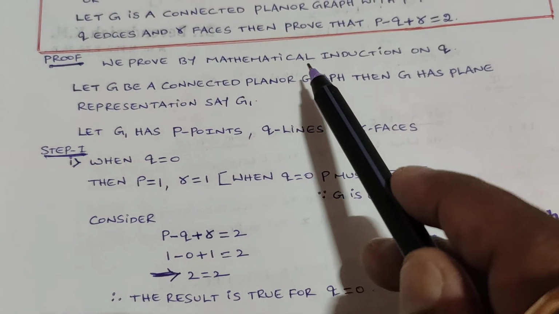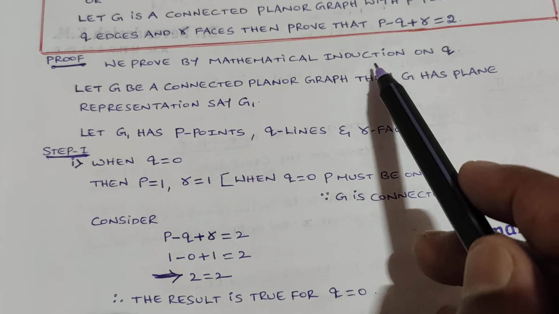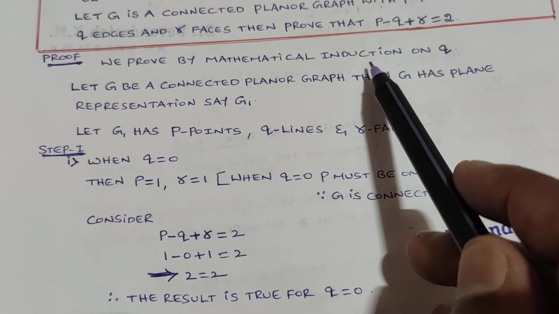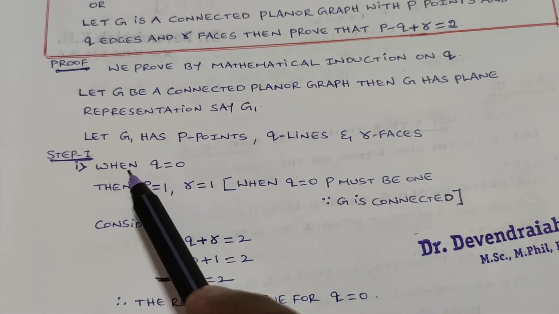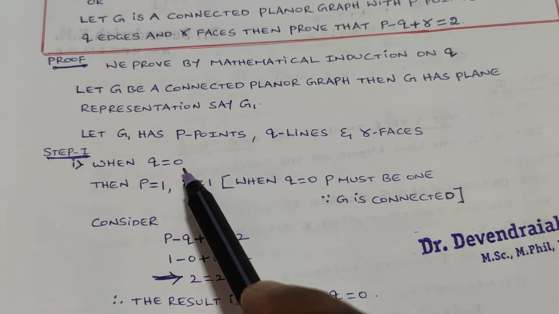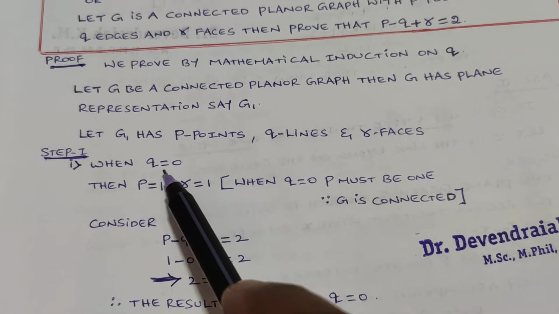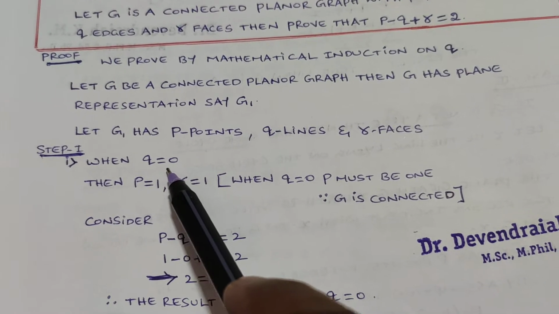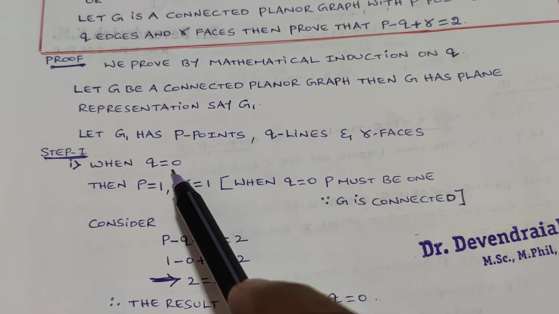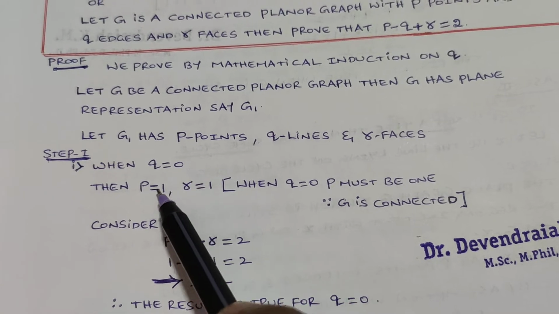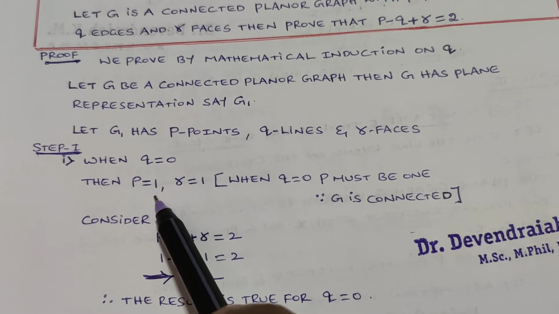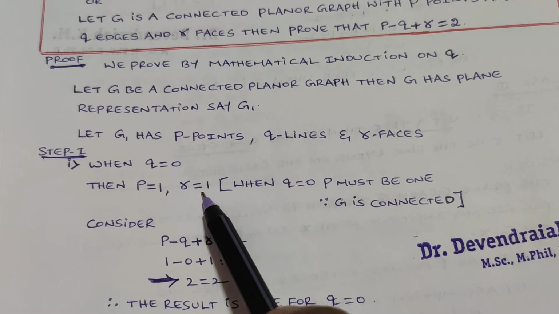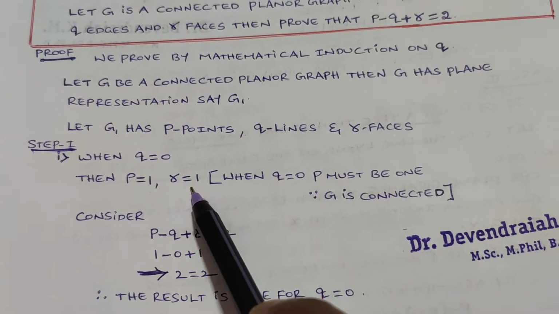As we know, mathematical induction is nothing but considering the 3 steps. In the first step, when Q is equal to 0, that means there are no edges. If there are no edges, the number of vertices will be 1, and in this case faces will be 1.